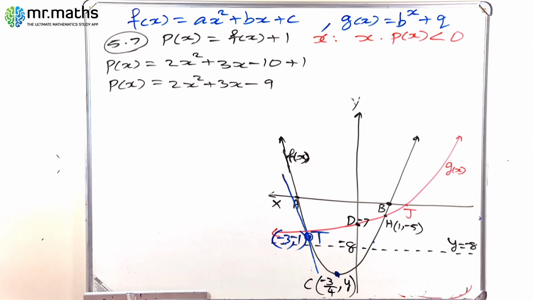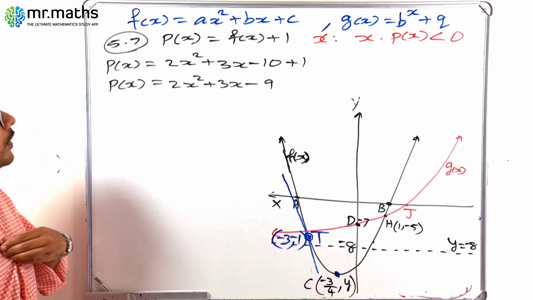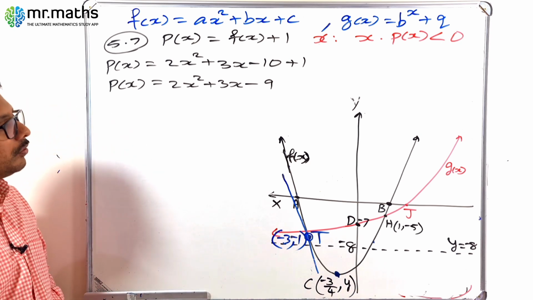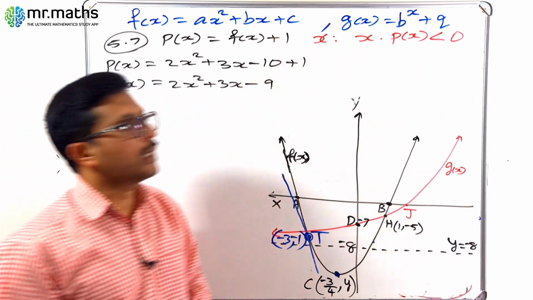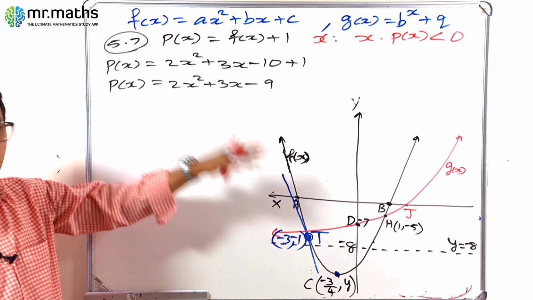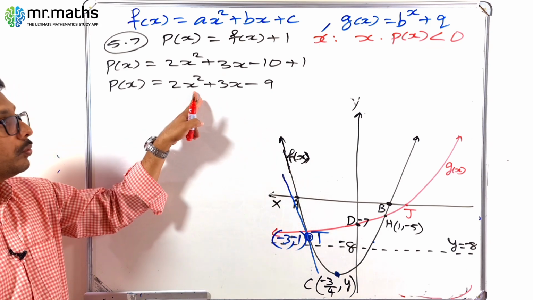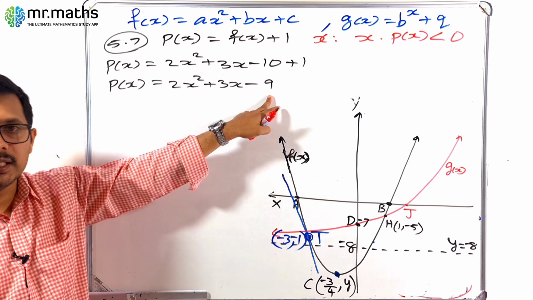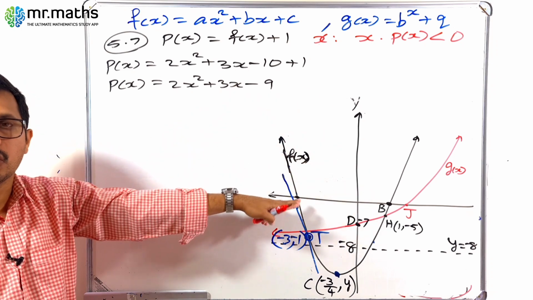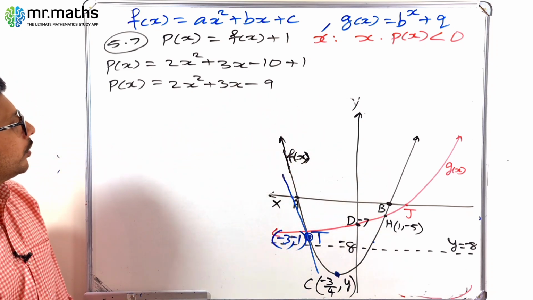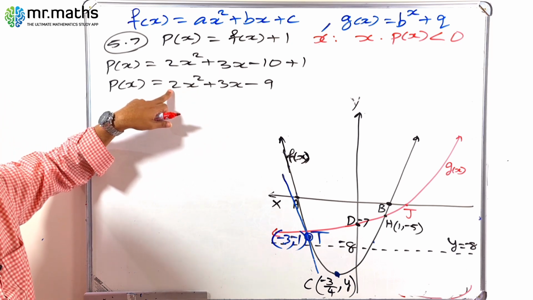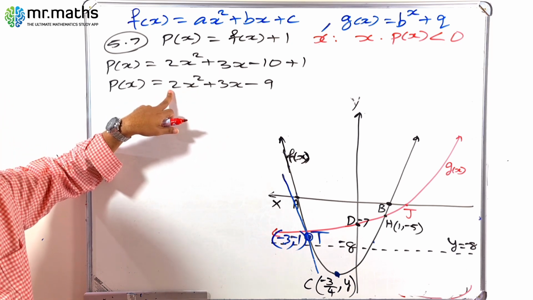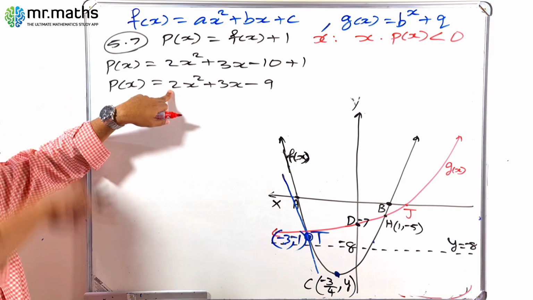Now what is the question, guys? You have to find the values of x where x into p of x is less than 0. So this is a new function, not this graph. This is a new graph, 2x square plus 3x minus 9, not this parabola. Here you can see that the coefficient of x squared is positive, so the shape of the graph is like this, a U shape.